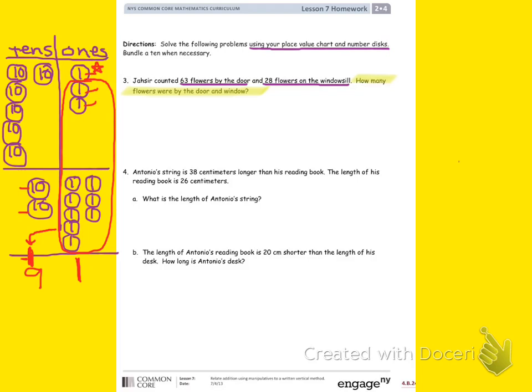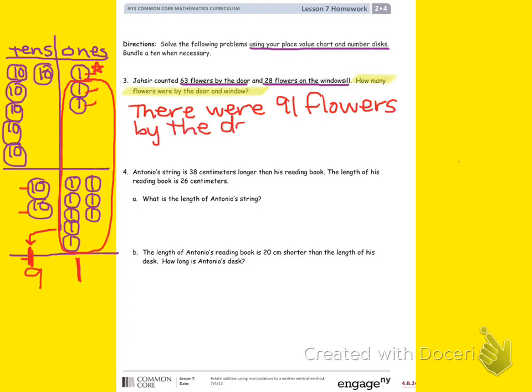How many flowers were by the door and window? There were 91 flowers by the door and window.